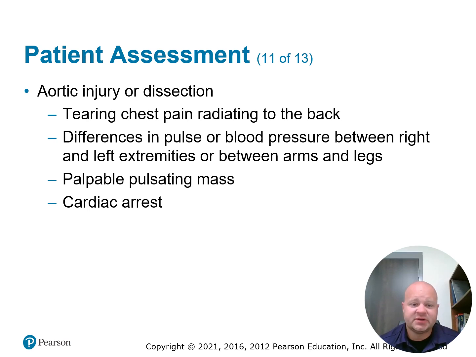Aortic injury or dissection, those patients will typically have a tearing chest pain that radiates to the back. Could have some differences between blood pressures or pulses. Sometimes there will be a mass that you can palpate kind of in their epigastric region. It's not always present, and then cardiac arrest is likely.